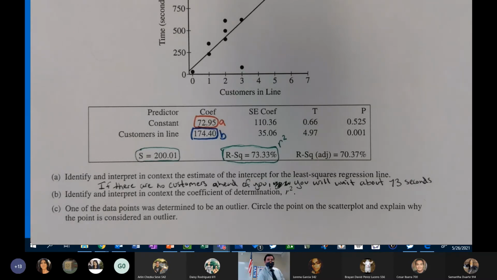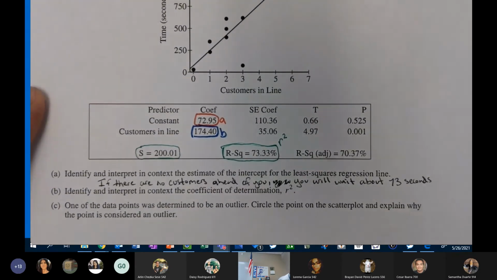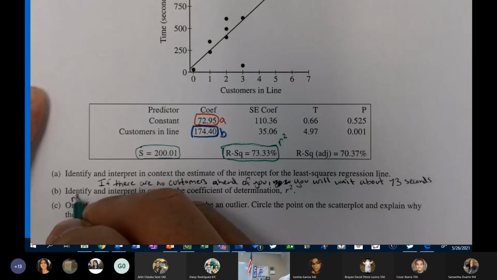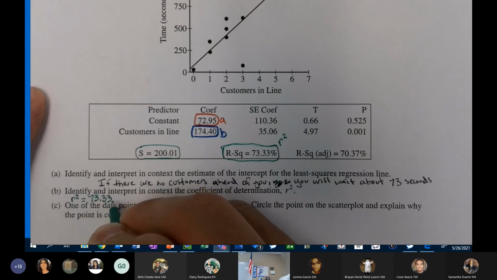B: identify and interpret in context the coefficient of determination, R squared. Well, we want to interpret this one. We have R squared is 73.33%.